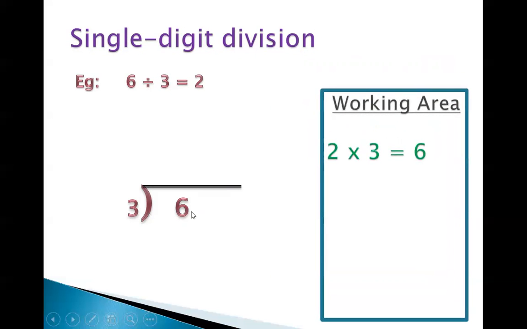Now in the 3 times table, you have to find out when 6 comes. 2 times 3 equals 6, or we can also say 3 times 2 equals 6. Here you can see 3 times 2 equals 6. Now 6 minus 6 is 0.